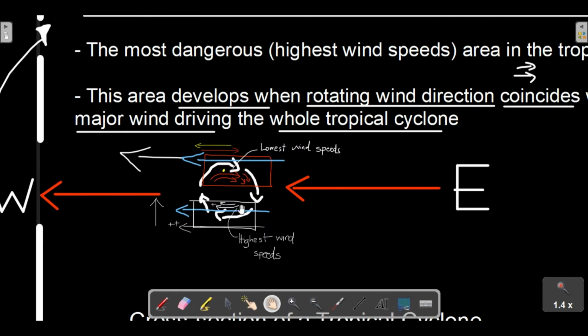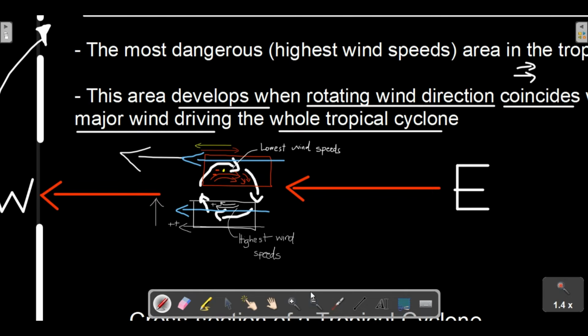I hope that made everything clear for you. Because here they are opposing winds, that slows down the wind speeds in this region. Because here you have coinciding wind directions, these add up to form the highest wind speeds in the whole tropical cyclone.